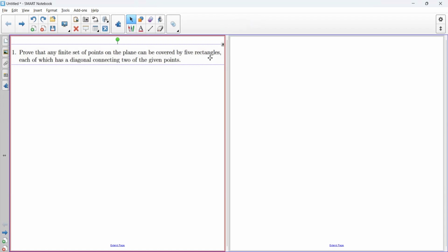But in principle, I will give you a hint that this is a very concrete, maybe very straightforward problem. You can literally construct such five rectangles.